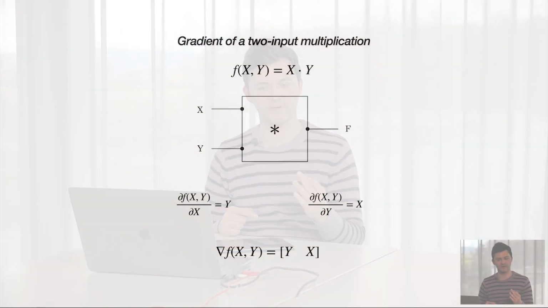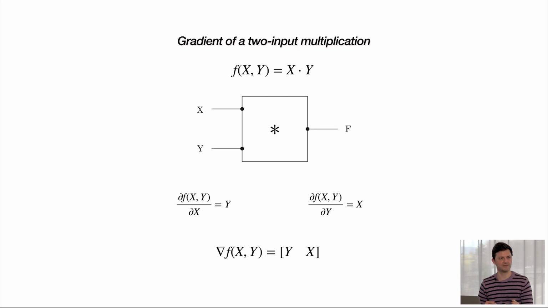So now after we calculated it, let's consider how we can represent the gradient of a two-input multiplication. So the function is f of x and y equals x times y. As we can see on the drawing, this function has two inputs and gives us the output f. And we calculated that its partial derivatives are y for the derivative of the output in terms of x, and x for the derivative of the output in terms of y.